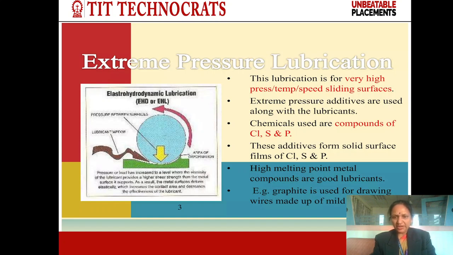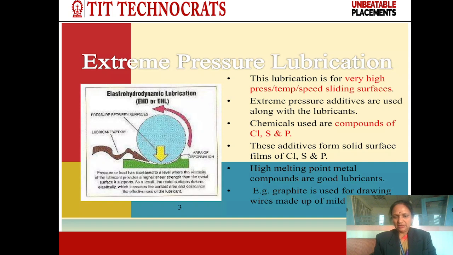High melting point metal compounds are good lubricants. For this purpose, we can use graphite for drawing wire made of mild steel.